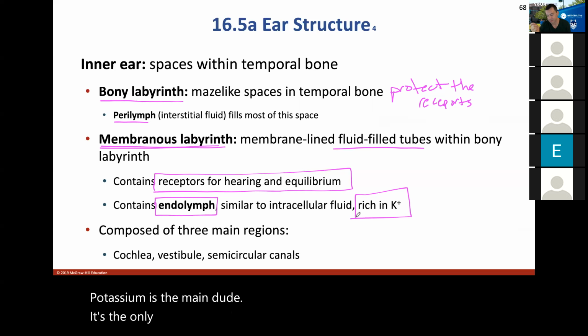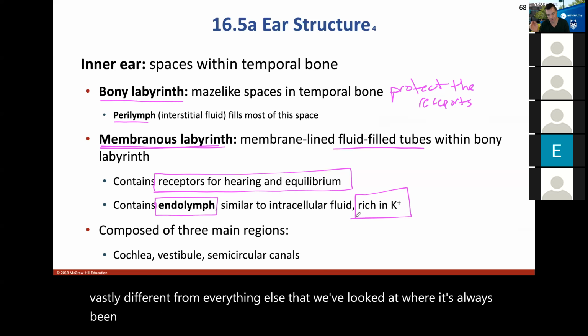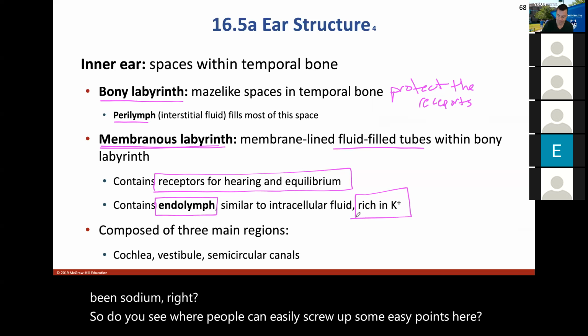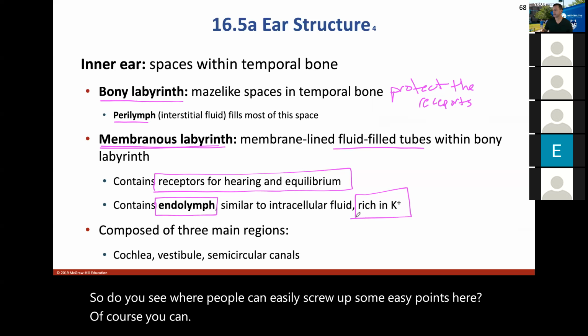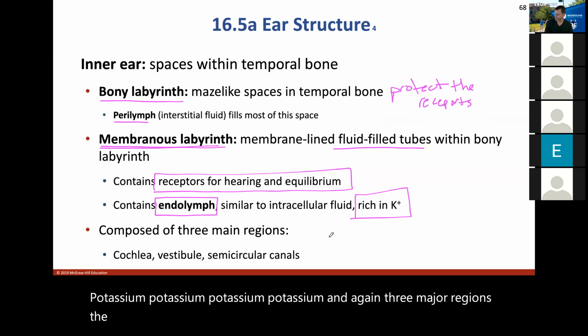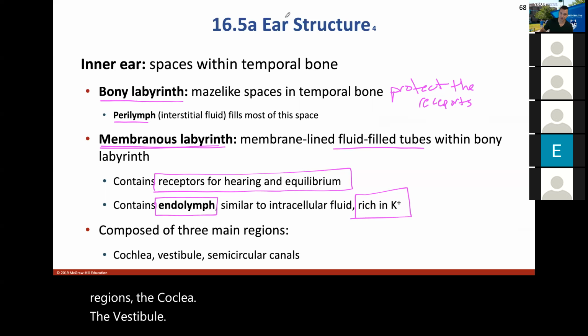Well, that and calcium, but potassium is what triggers it. This is vastly different from everything else we've looked at, where it's always been sodium, right? So do you see where people can easily screw up some easy points here? Of course you can. Potassium. And again, three major regions: the cochlea, the vestibule, and the semicircular canals.